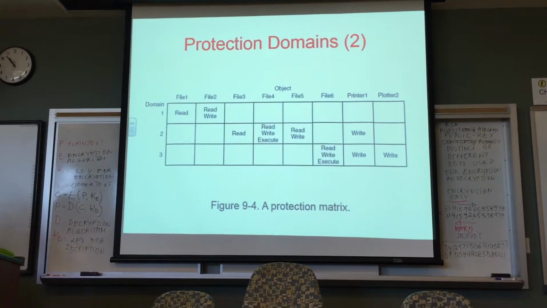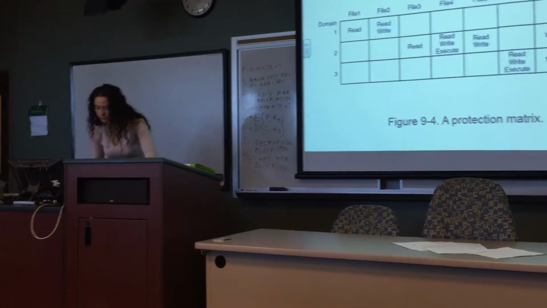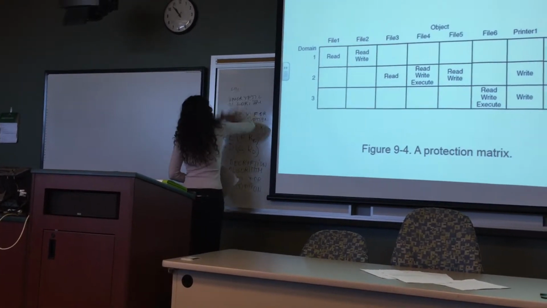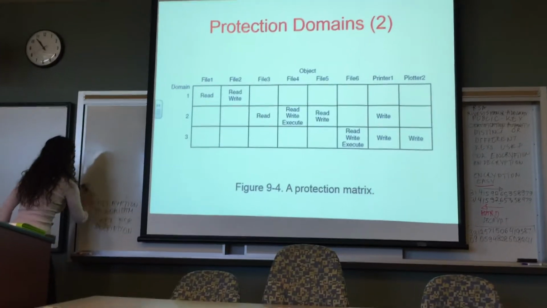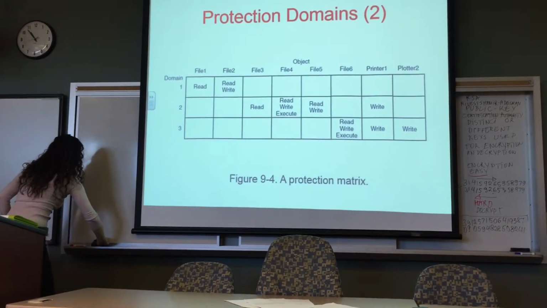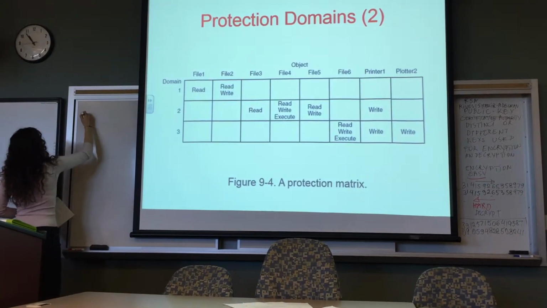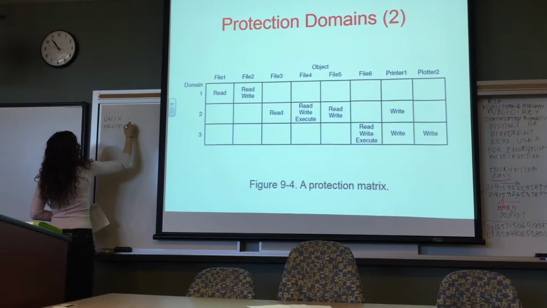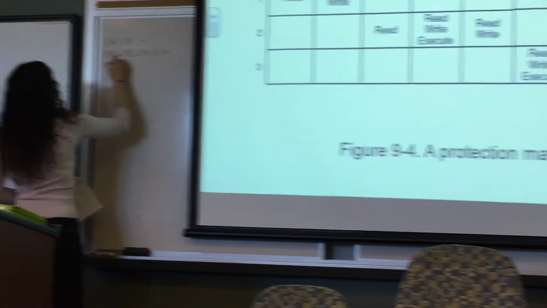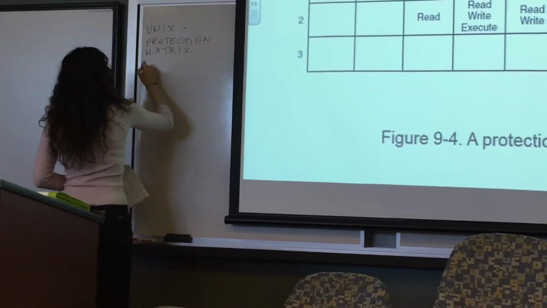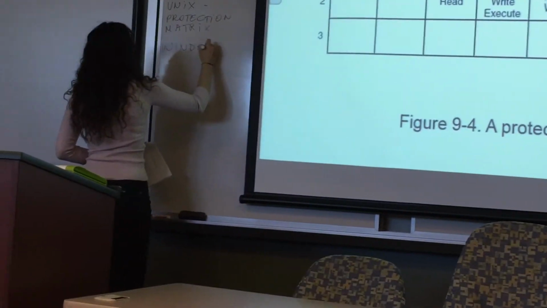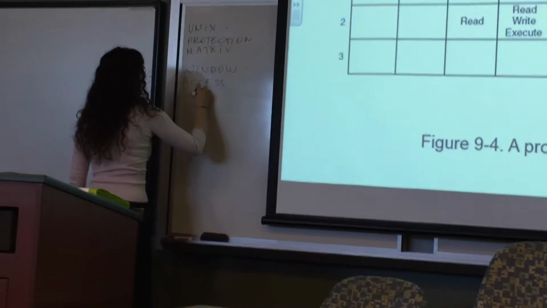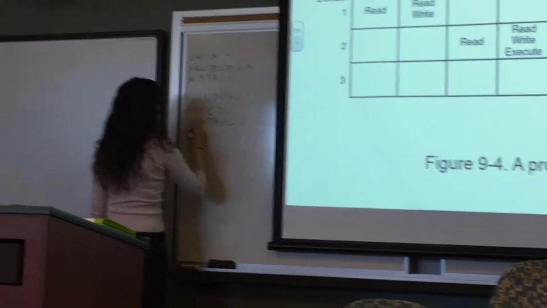Another way to do this: in Unix we get this protection matrix. In Windows we have access control lists, or ACLs.